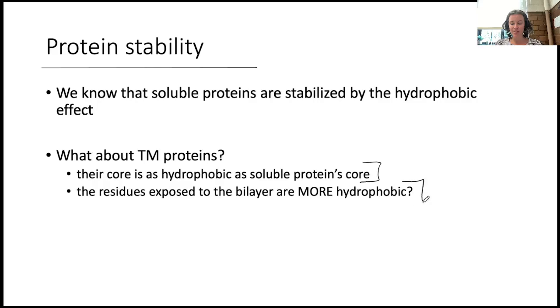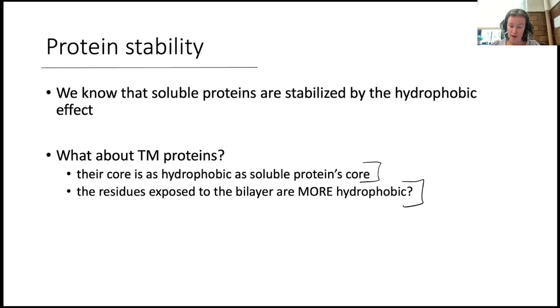However, the second bullet point is super interesting: on average, the residues in the alpha helices or beta sheets that are exposed to the lipid bilayer are more hydrophobic than residues found on the inside of the folded protein. Why is this?